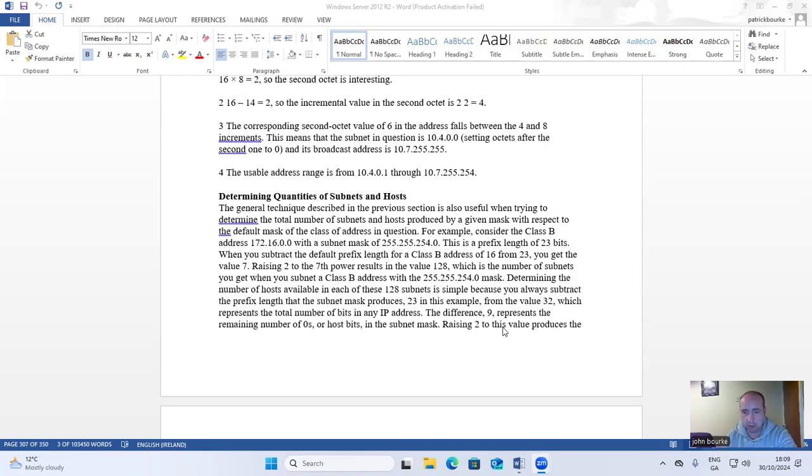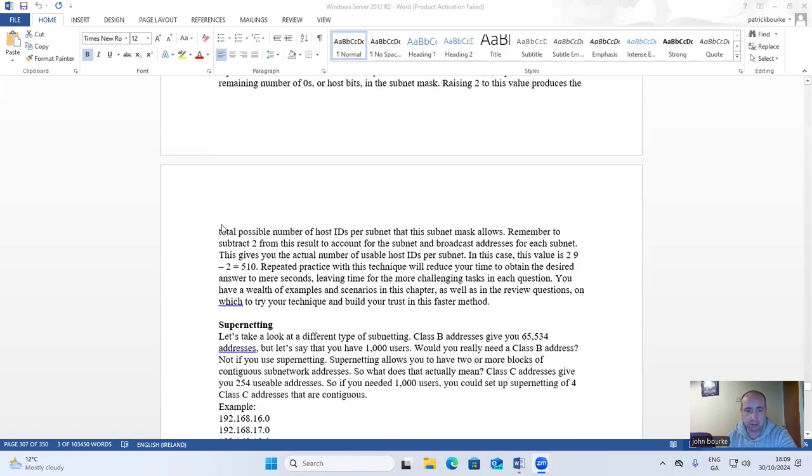Raising 2 to this value produces the total possible number of host IDs per subnet that this subnet mask allows. Remember to subtract 2 from this result to account for the subnet and broadcast address for each subnet. This gives you the actual number of usable host IDs per subnet. In this case, this value is 2 to the 9th minus 2 equals 510.